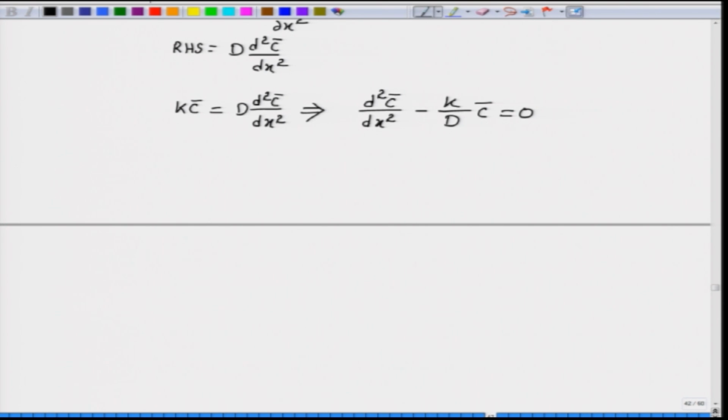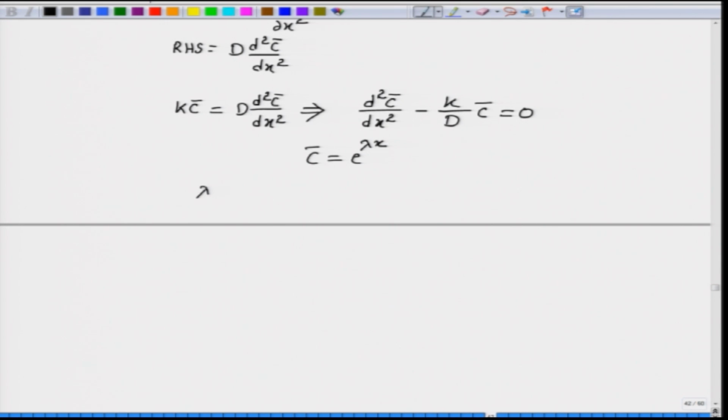Now, we know the general solution for this equation. So, let us take c bar equal to e to power lambda x as the solution. So, if we substitute here, d c bar by dx is lambda e to power lambda x, and d2 c bar by dx2 is lambda square e to power lambda x.